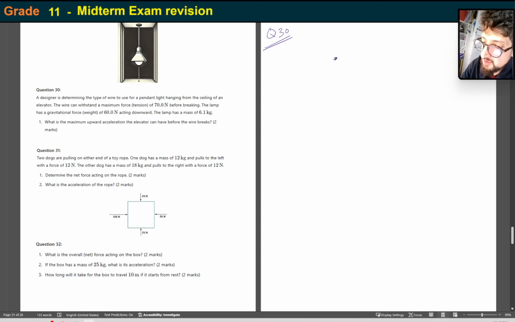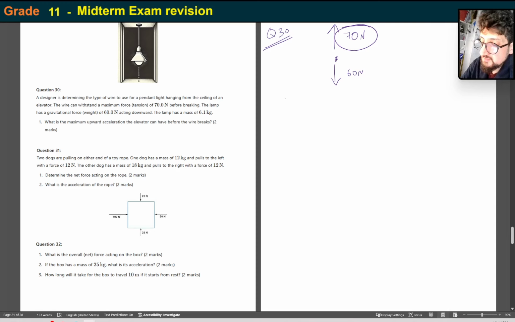In the body diagram, there is a weight force down of 60 newtons, and a maximum tension force up of 70 newtons. This is the apparent weight, because apparent weight is equivalent to the normal force, or the upwards force, or tension force. So that is the maximum.